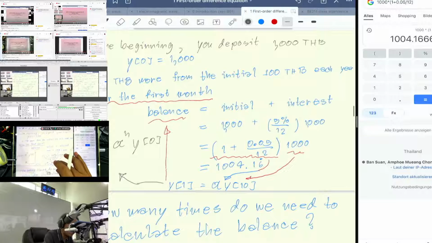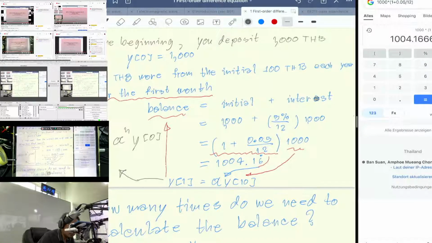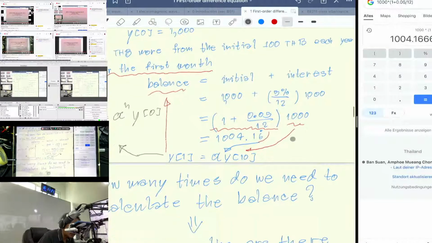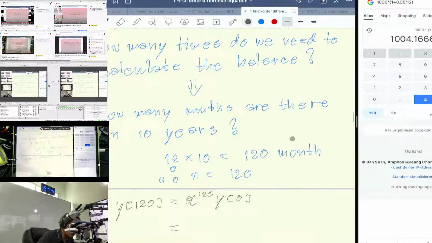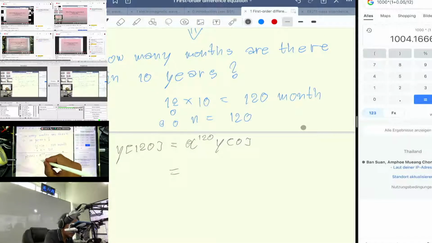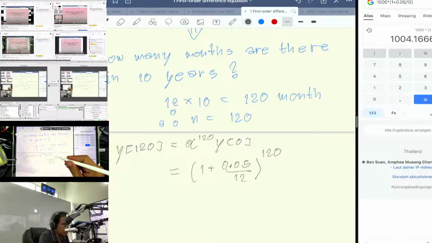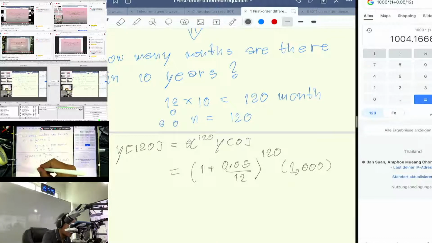What is that alpha? Alpha is this number 1 plus 0.05 divided by 12. Let's just raise it with the power of 120, right? To 120 times y0. Y0 is the initial amount that you deposit, so it's 1,000. So let's see what is in the calculator.